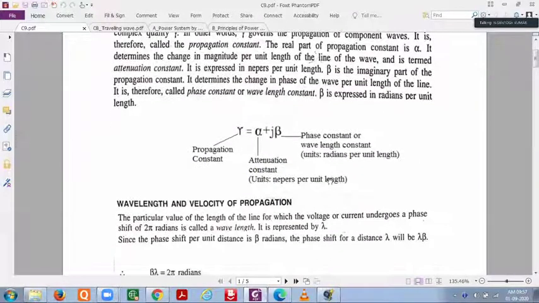Now, coming to this propagation also. Now wave is moving, so we need to know the distance traveled by the wave, which generally we measure in wavelengths or cycles, right? And the speed of that wave, which is nothing but the velocity of propagation. Are you getting my point?